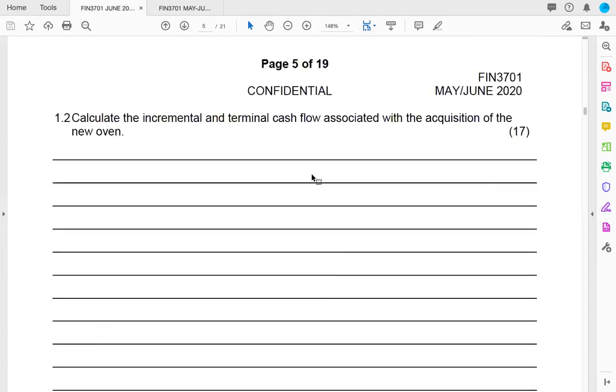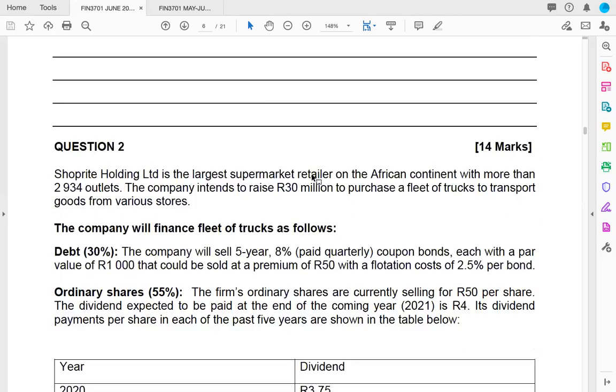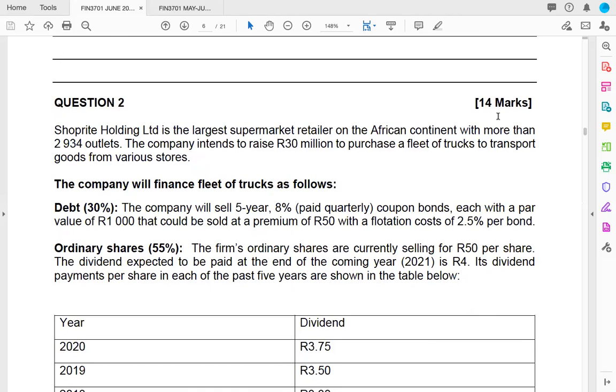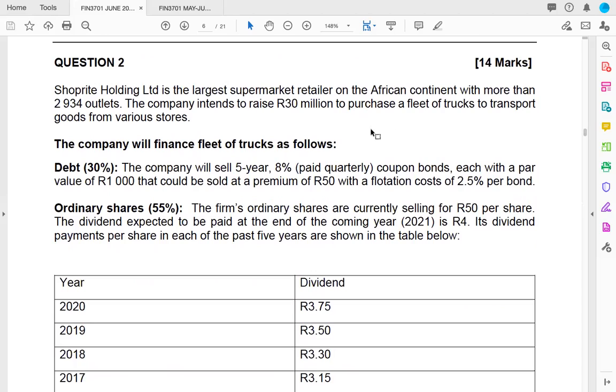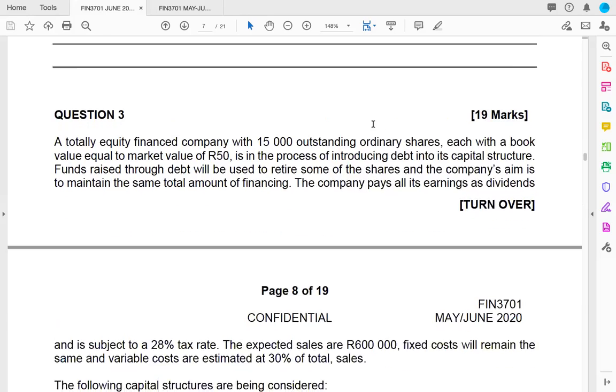And then for question 2, maybe you can even do that at the start of the exam. This is a 14-mark question. You can say 14 divided by 70 multiplied by 180 minutes, which is 3 hours, and then it's 44 minutes. So for question 2, it should be 44 minutes at most.